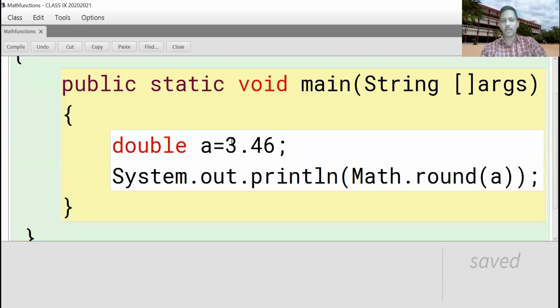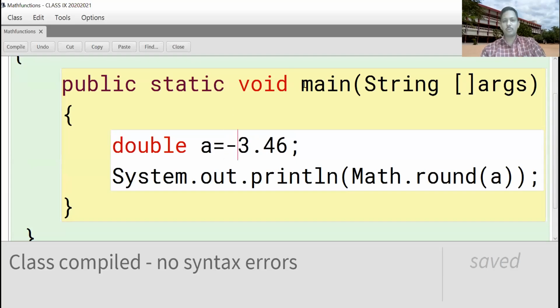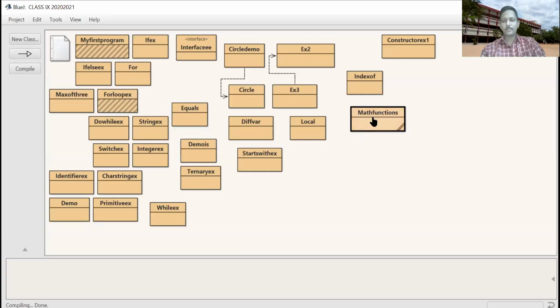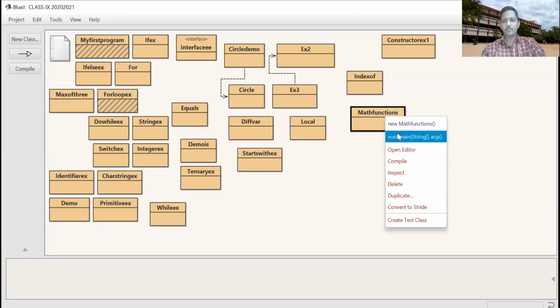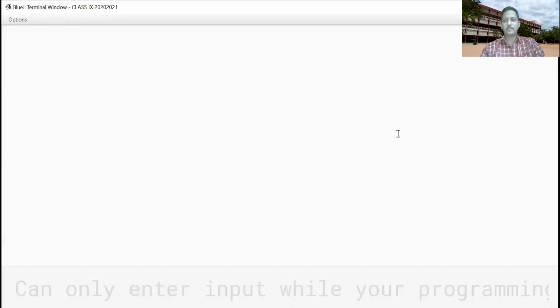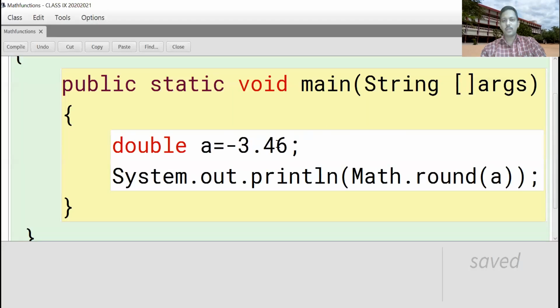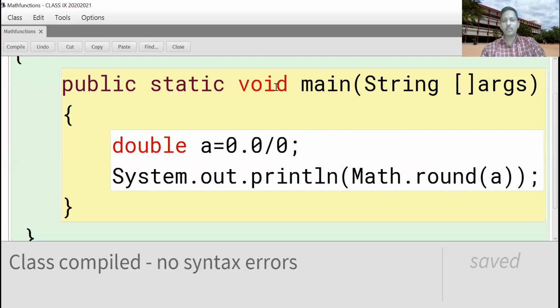For example, negative, minus 3.46. Then check the output. Positive or negative, first point. Minus 3. Second point. If the given argument is not a number, that means like this 0 by 0, not a number, then it prints 0.